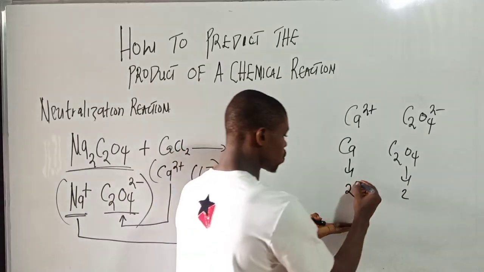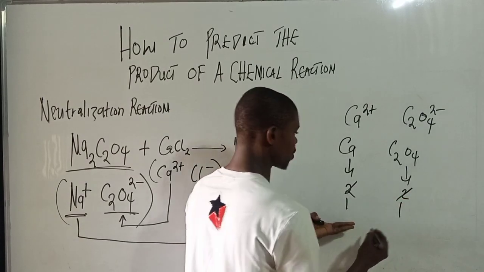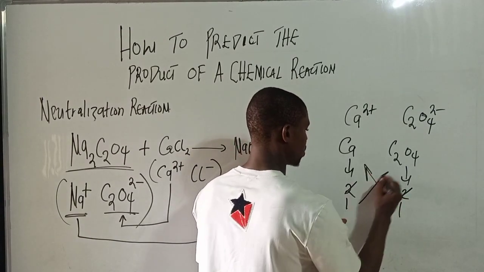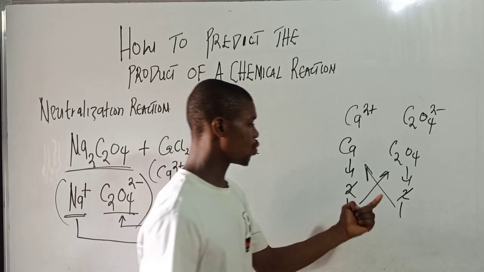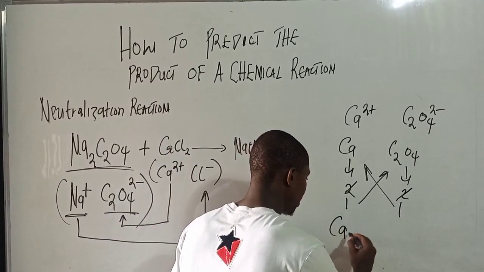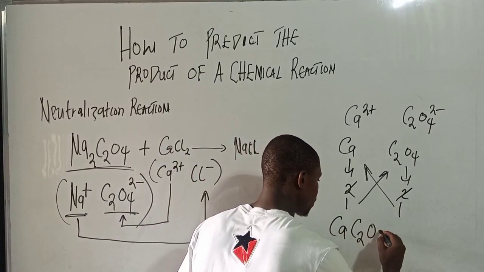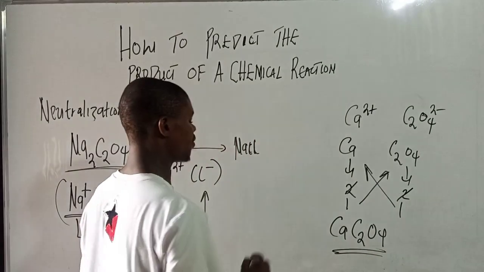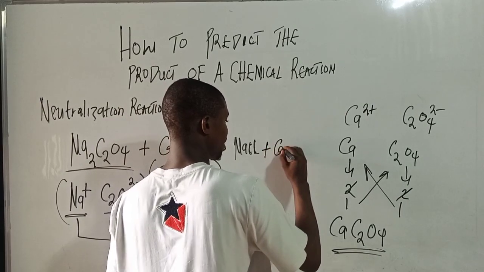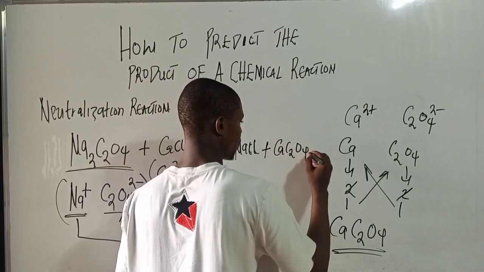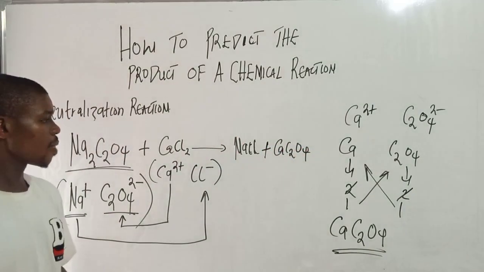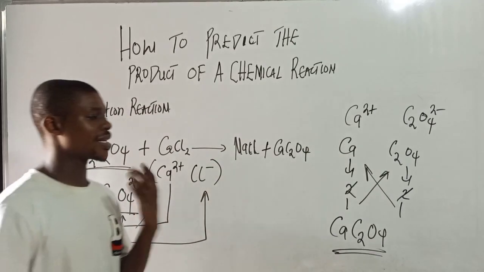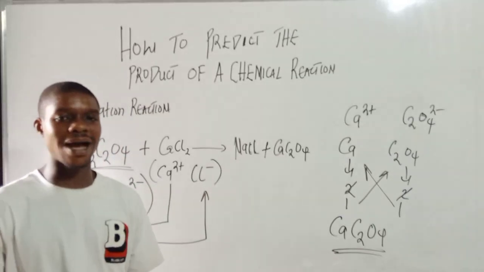So it's going to be 1. Do you see that? So we have calcium oxalate, CaC2O4. So here we have plus CaC2O4. This is that.